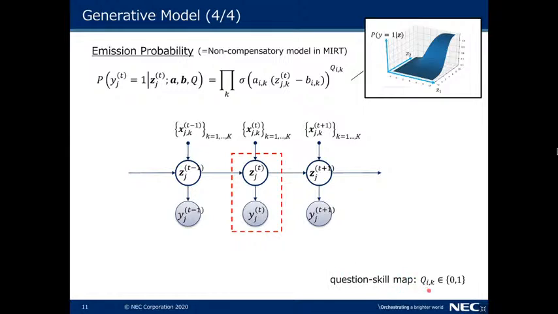If problem i requires skill k, q_ik is 1, and if problem i doesn't require skill k, it is 0.